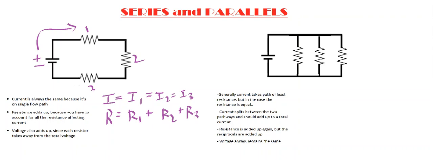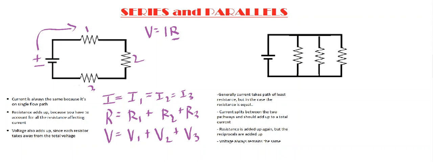This works because, as mentioned earlier, each resistor has a different voltage and a different current based on how strong this resistor might be. Therefore, we must take into account the change in voltage and change in resistance at each resistor. Voltage also adds up for the same reasons.